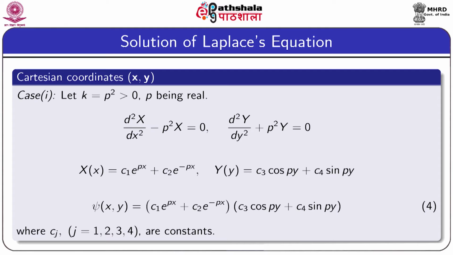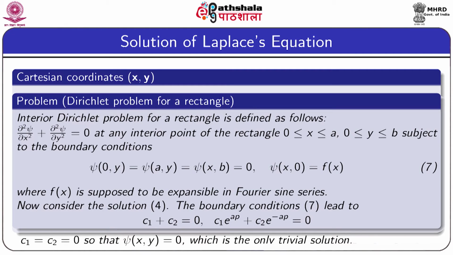If we put x equals 0 in equation 4, we get C1 plus C2 equals 0, and if we put x equals a in equation 4, we get C1 e to the power pa plus C2 e to the power minus pa equals 0.